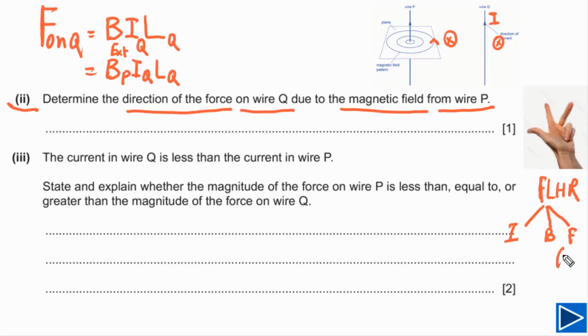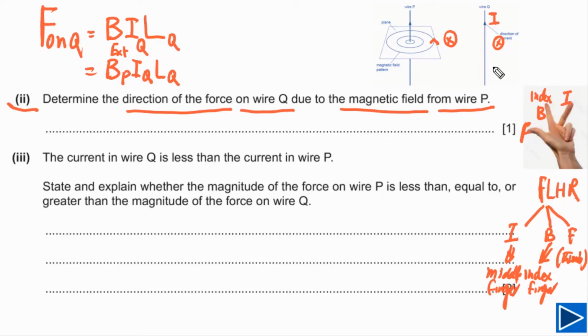So first of all, we use thumb for force, and we use index finger for direction of B, and middle finger we use for current. So this will tell us direction of force, this will tell us direction of magnetic field, and this one will tell us direction of current if other two are given.